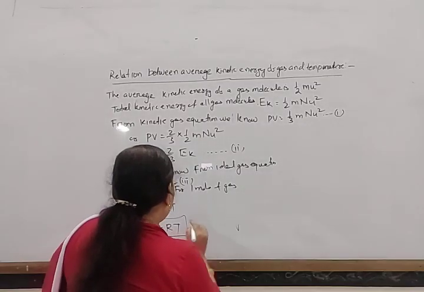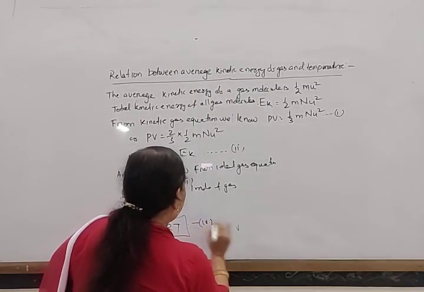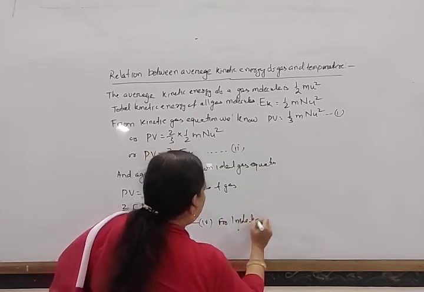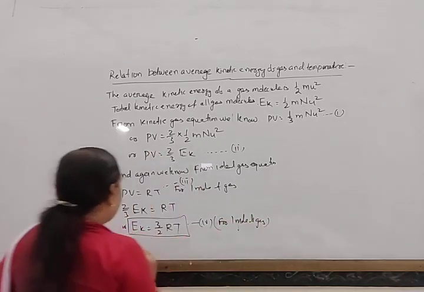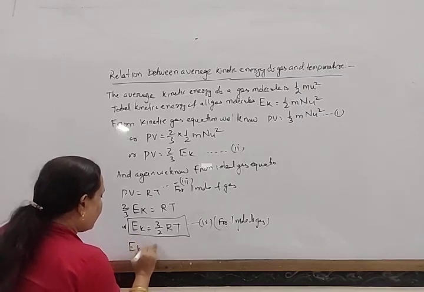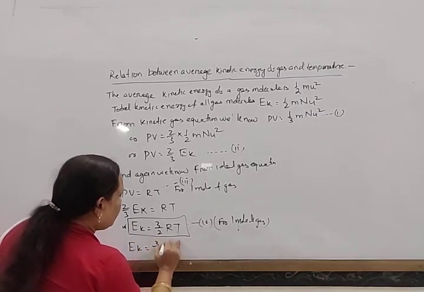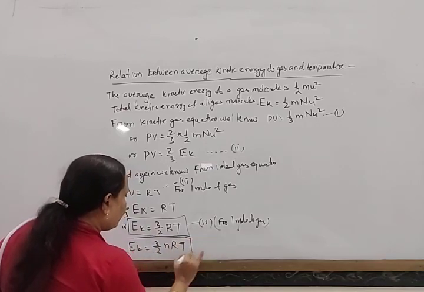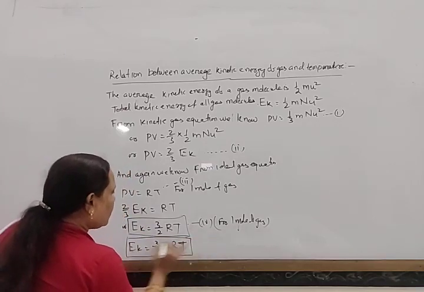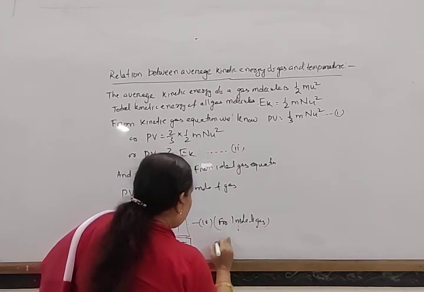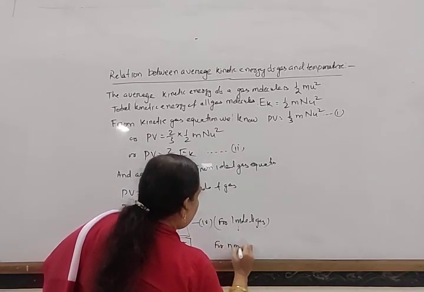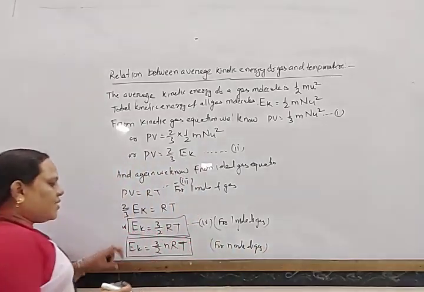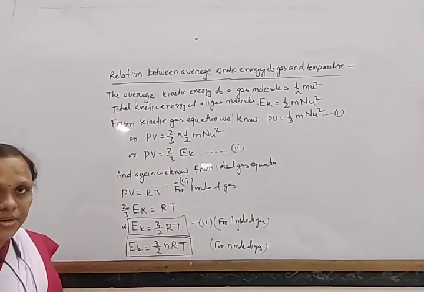So first, give it equation number 4, that is for 1 mole of gas, and again Ek is equal to 3 by 2 nRT, where PV is equal to nRT, that is for n moles of gas. This is the total kinetic energy of gas molecules.